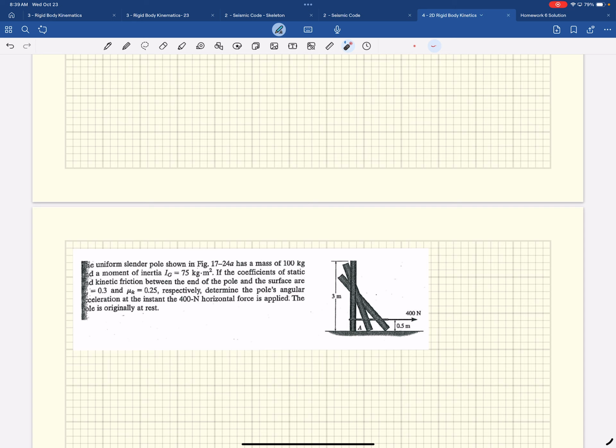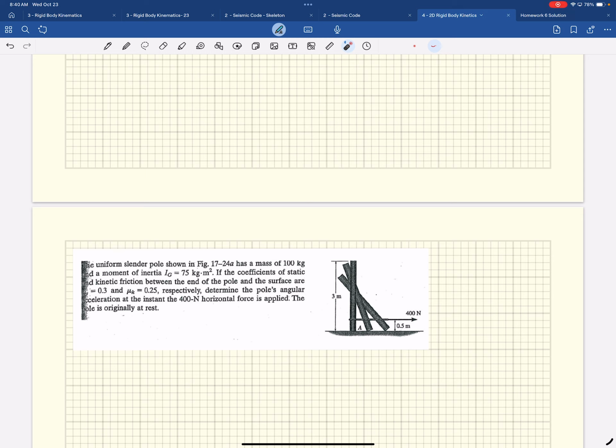It could also, and we don't know, tip over like that, right? Depending on how much friction force was there and how much torque it is, it could actually cause this thing to tip over as opposed to slip out underneath it. And that's why they give you mu static and mu kinetic, right? If it's slipping, it would be mu kinetic, right? If it's going to be the tip over case, it's mu static, okay?